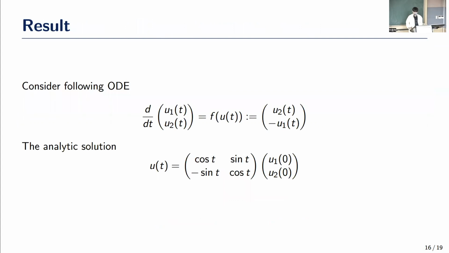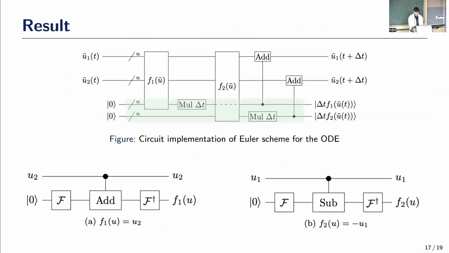Now, let's solve this ODE. d over dt of (u1(t), u2(t)) equals (u2(t), minus u1(t)), and the analytic solution of the ODE is as follows. By using the Euler method, u(t plus delta t) has to be u(t) plus delta t times f(u(t)).